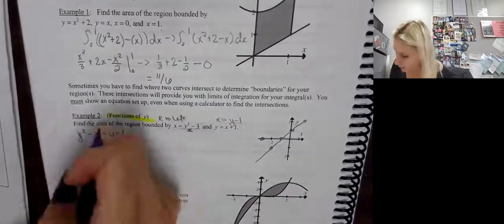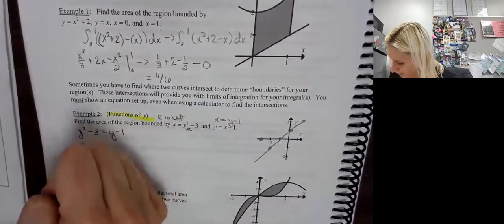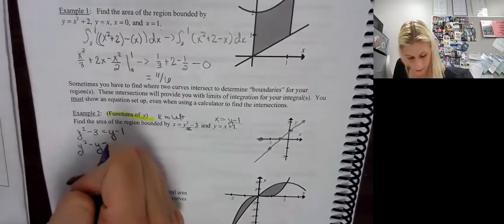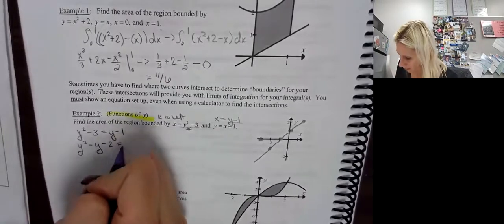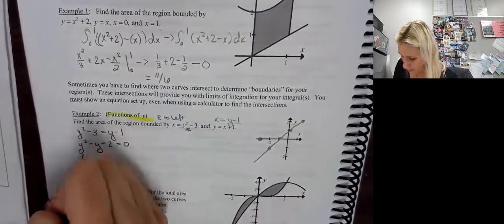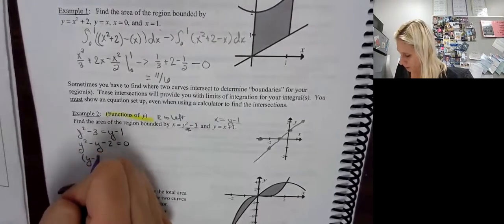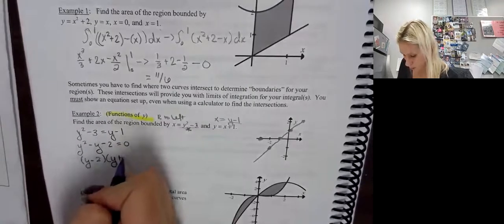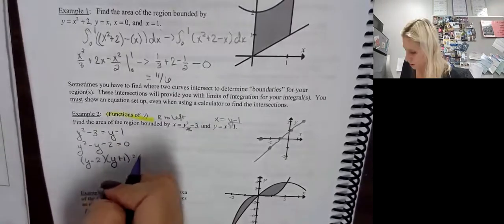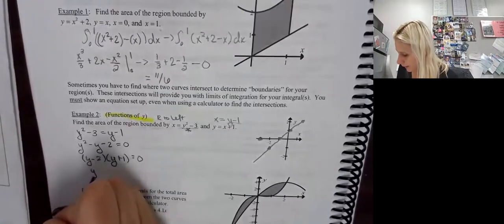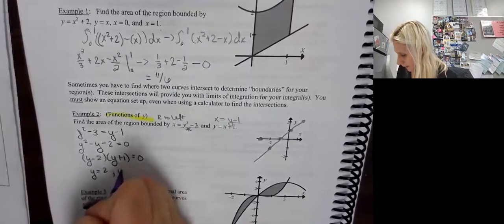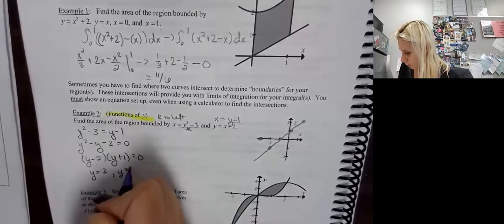So I'm going to move everything to one side. y squared minus y minus 2 equals 0. I'm going to factor. So y minus 2 times y plus 1 equals 0, which means y equals 2 and y equals negative 1.